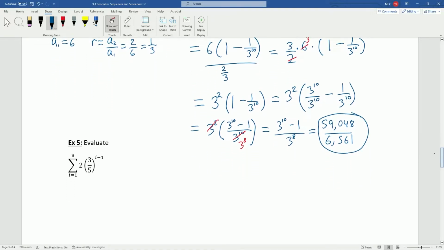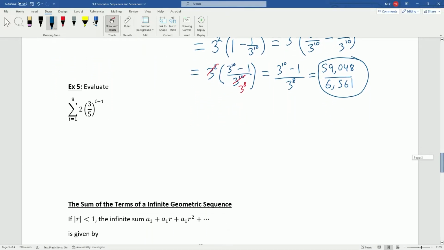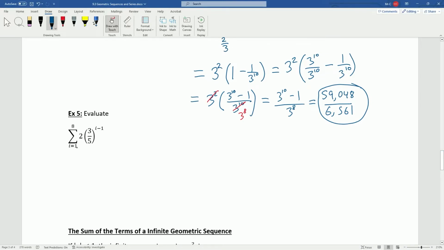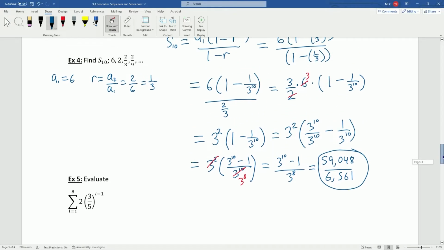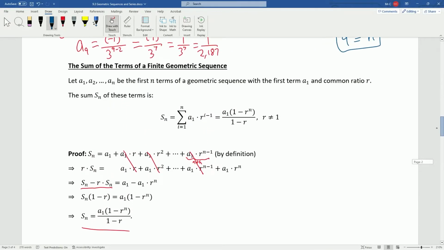Okay, so let's take a look at this next example here, the sum from i equals 1 to 8 of 2 times (3/5) to the i minus 1 power. So it helps if we take a look back at our general formula. When I have this sum form, i equals 1 to n of a1 times r to the i minus 1, that is my standard formula, and it includes the information for a1 and r.